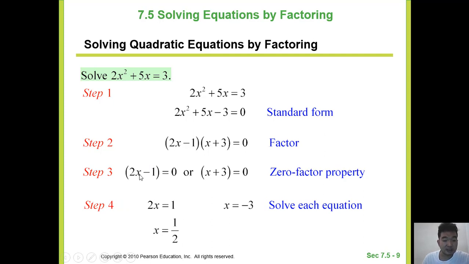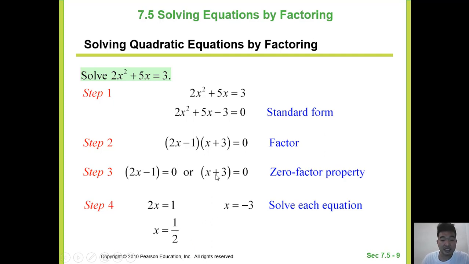Since we have 2x minus 1 equals 0, we add a positive 1 to both sides of the equation, and you'll be having 2x equals 1 by addition property of equality. Dividing the whole equation by 2, that's the division property of equality, x is equal to 1/2.